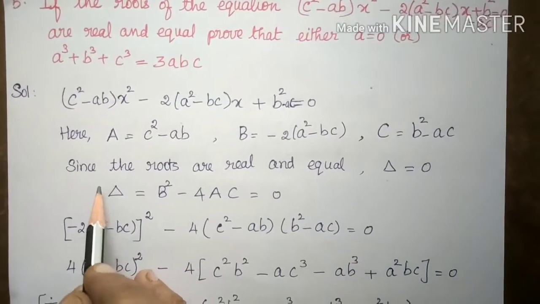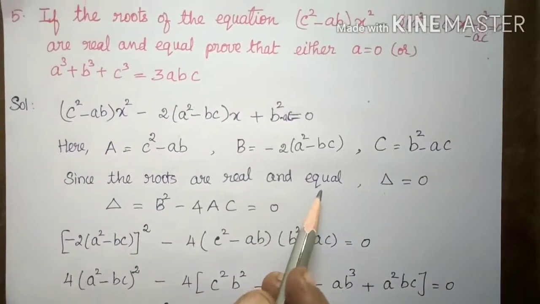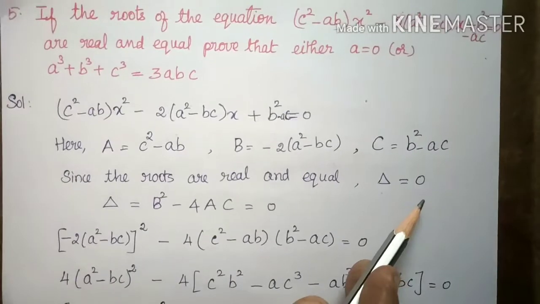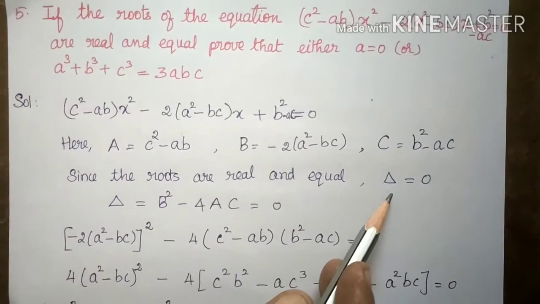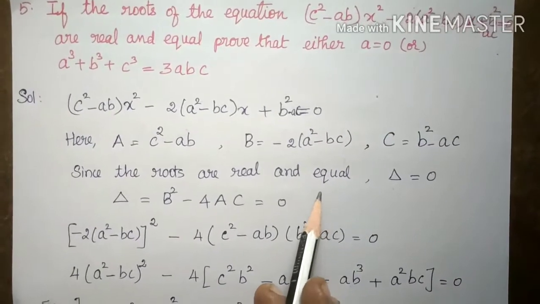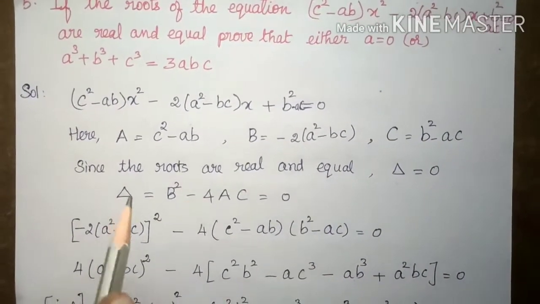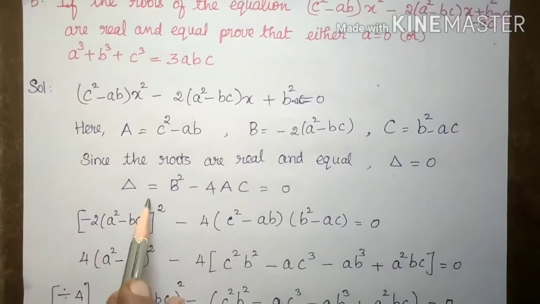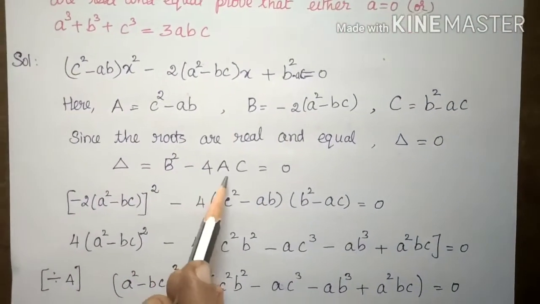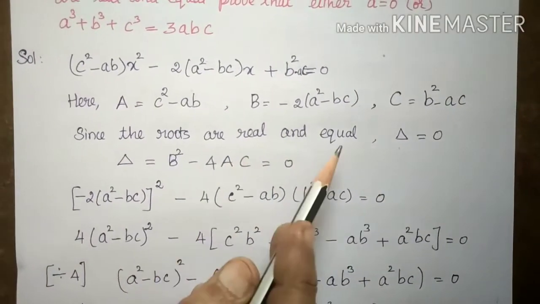Now the given condition is, since the roots are real and equal, we can say the discriminant equals 0. If the discriminant equals 0, then we can prove the result, either a equal to 0 or a cube plus b cube plus c cube equal to 3abc. Discriminant equals B squared minus 4AC, which equals 0 because the roots are real and equal.